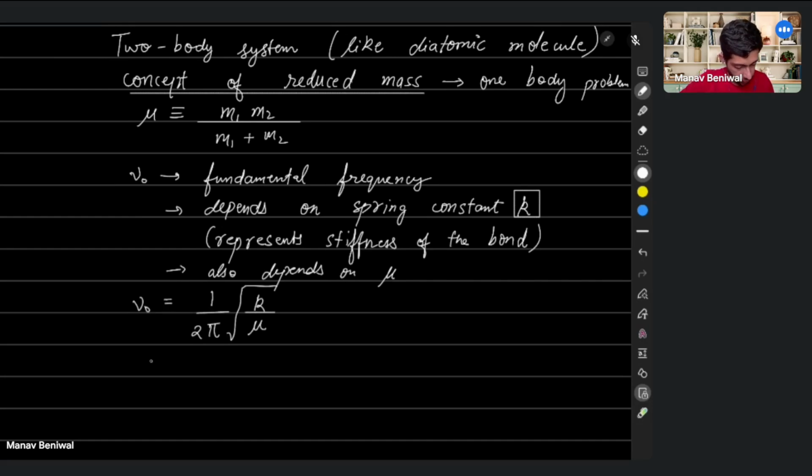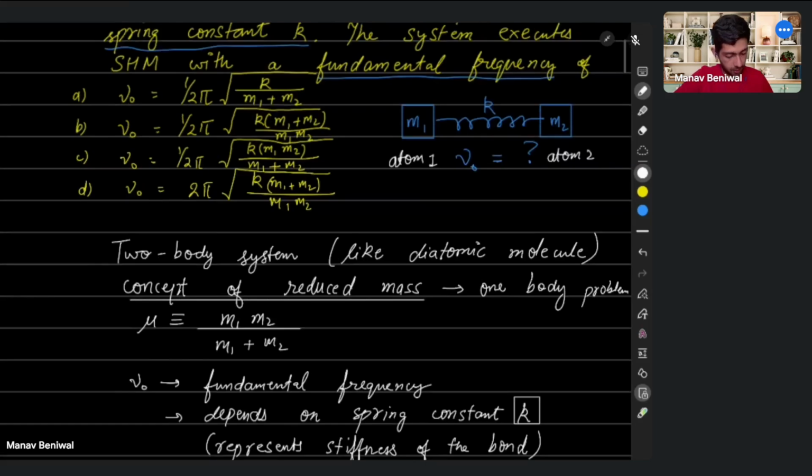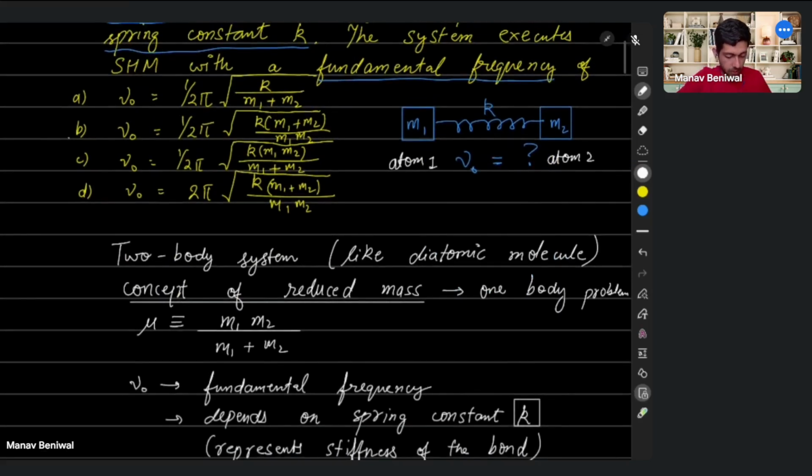So substituting for mu, nu naught will be 1 over 2 pi under root k times m1 plus m2 divided by m1 m2. Okay, so let's see. Yes, it matches with option B. So option B is the correct answer.